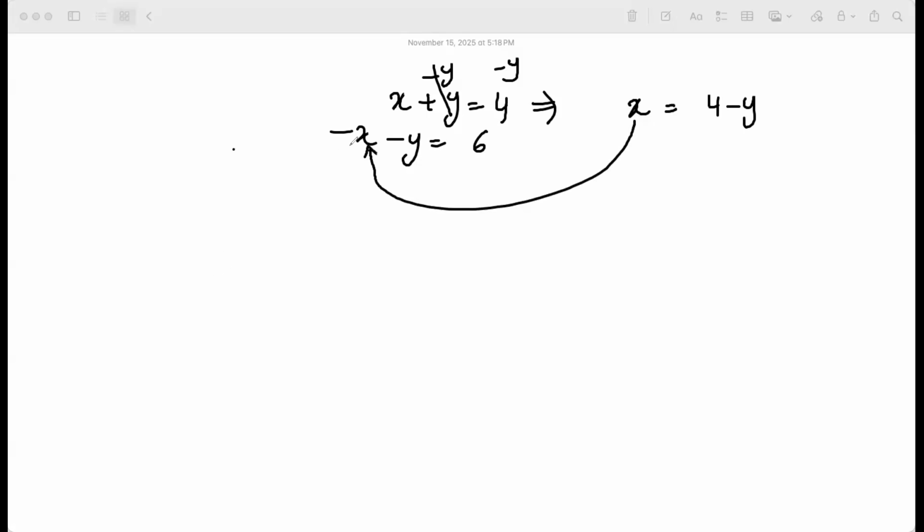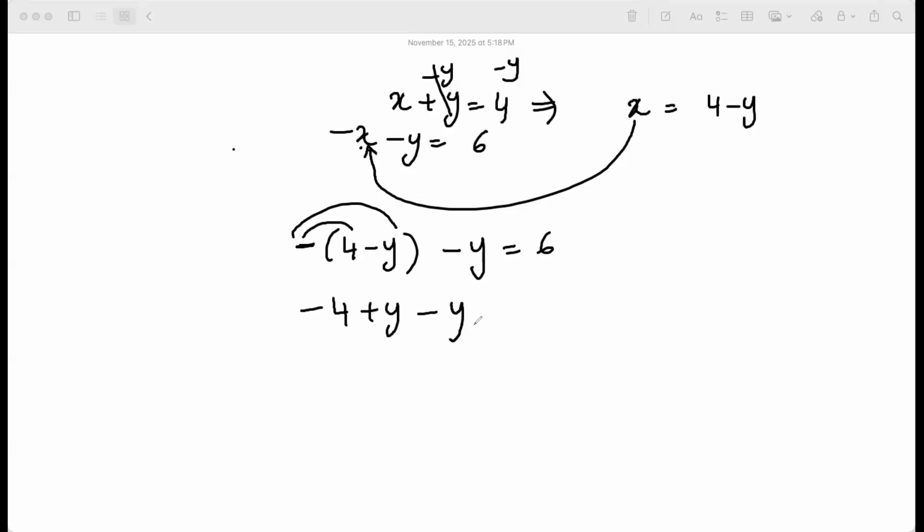Instead of the x, I can copy 4 minus y. Please put it in brackets. Minus y will be equal to 6. Make sense, guys? Are you with me? Now, distribute the minus. Minus 4 plus y minus y.